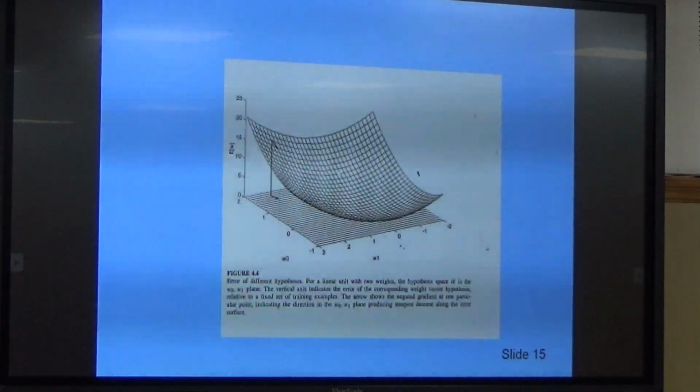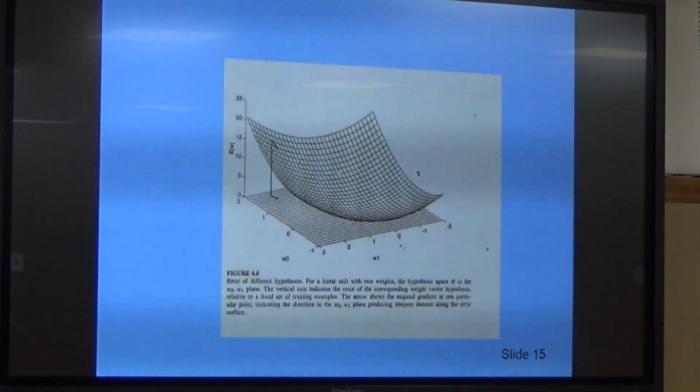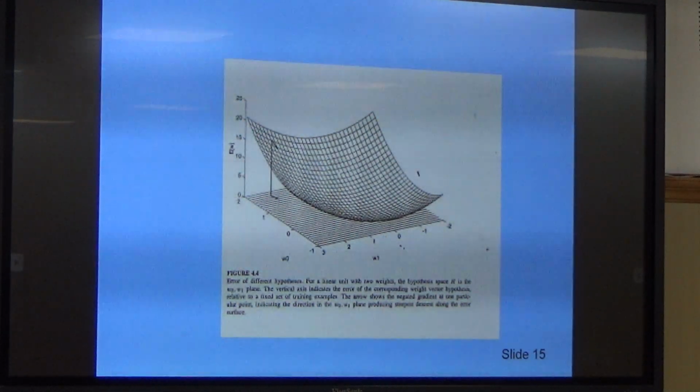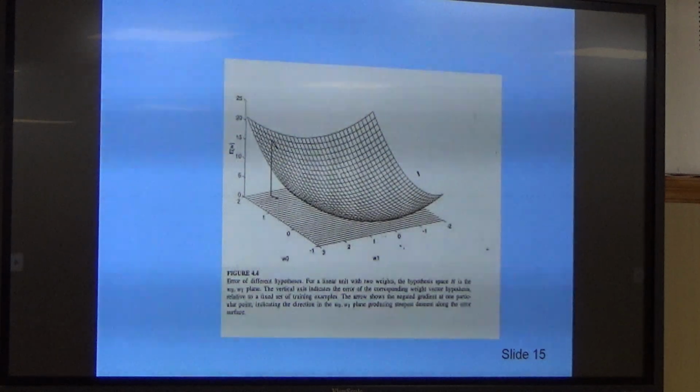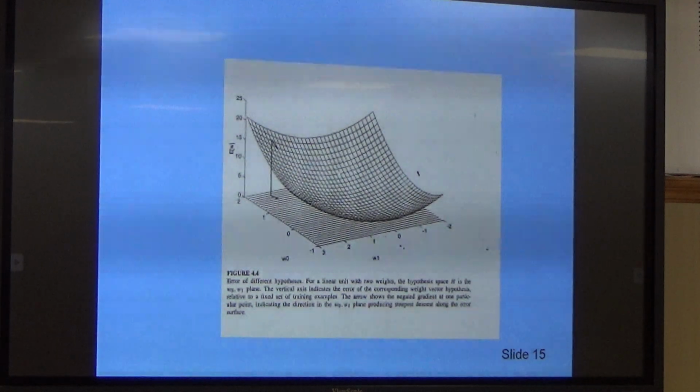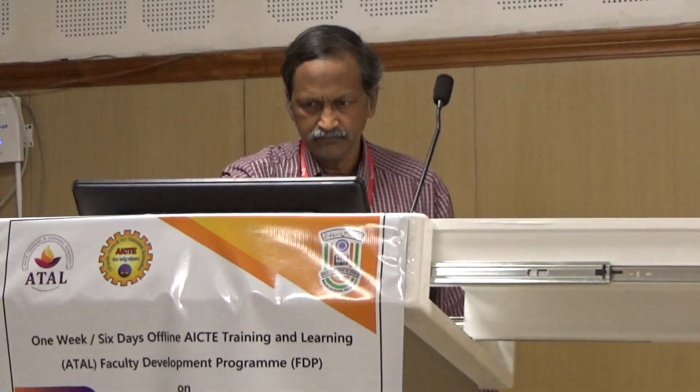So, if you understand this, you pretty much understand deep learning, or you pretty much understand shallow learning at least. You start with some initial weight vector. You have some error measure. You calculate the gradient of the error function.